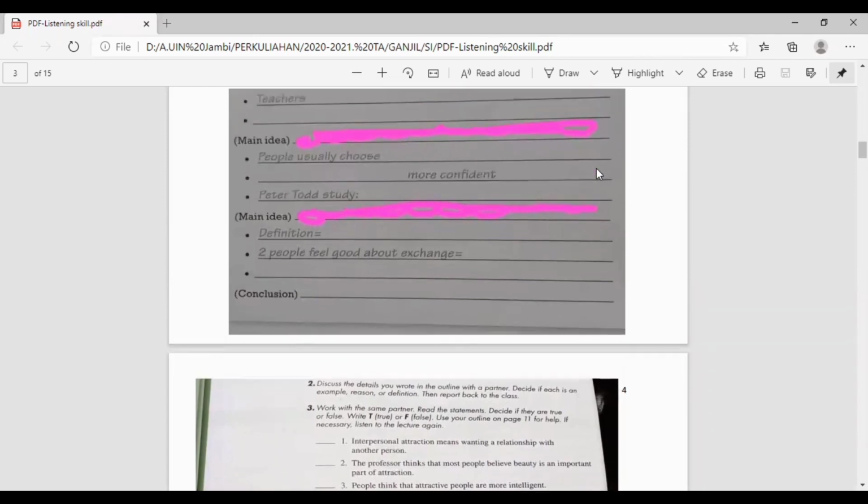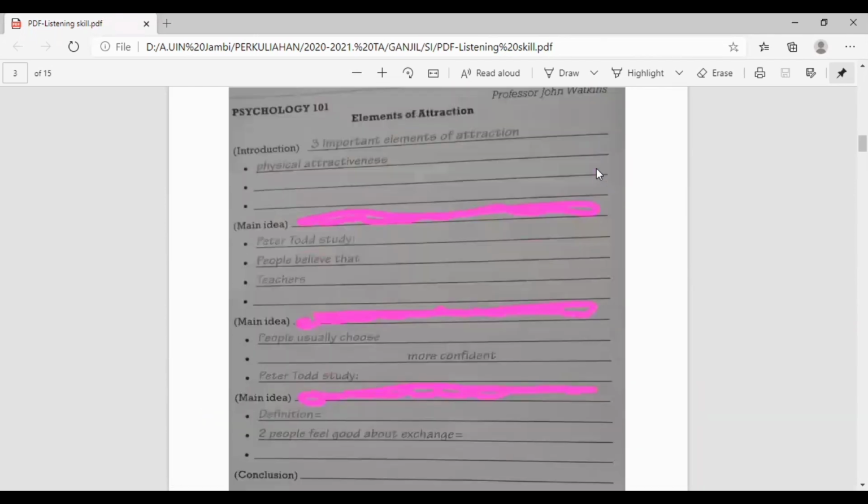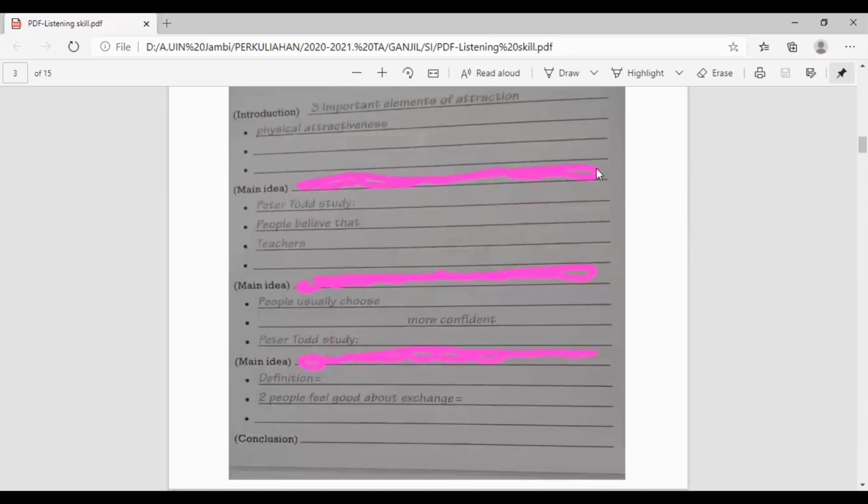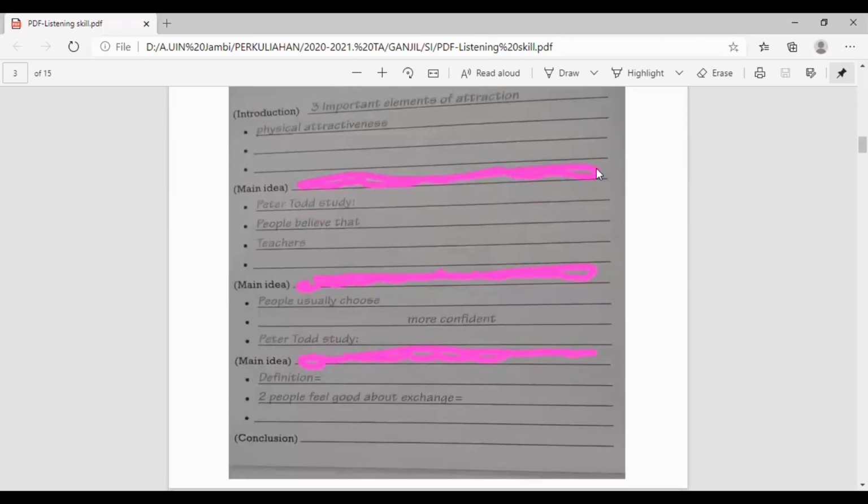For example, in the second main idea, Peter Todd's studies: people believe that, or teachers, blah, blah, blah. Peter Todd's study is maybe a supporting detail that is an example. So you write example, okay?